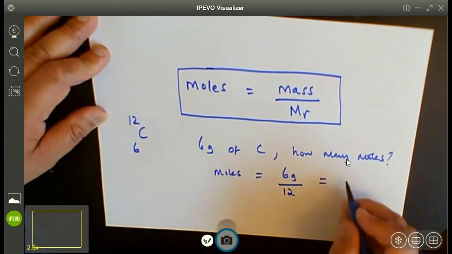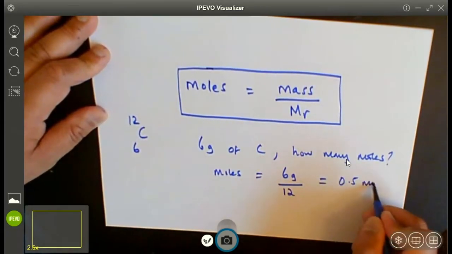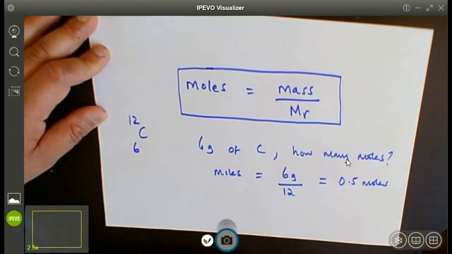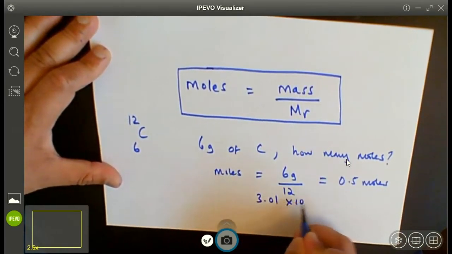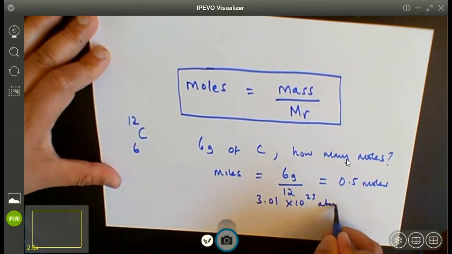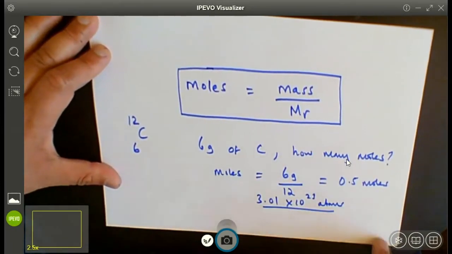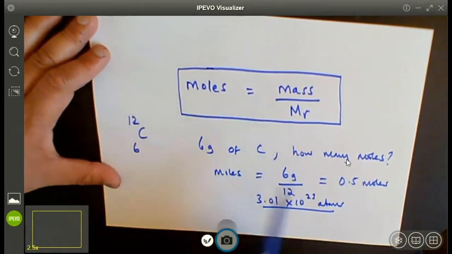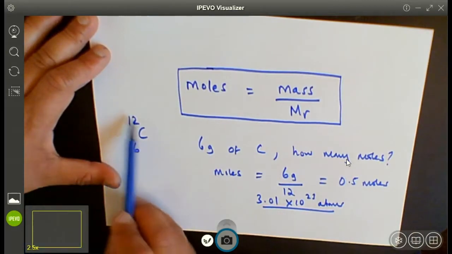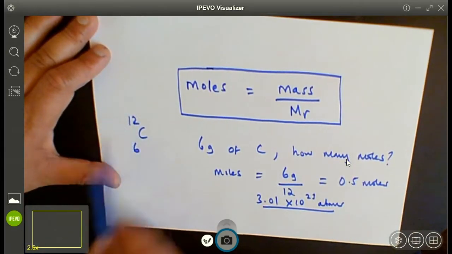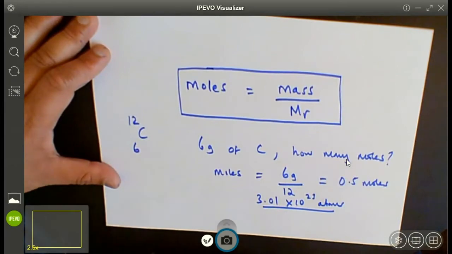So it's 6 over 12. So I'd have 0.5 moles there. That would mean that if I've got 0.5 moles, I'd have 3.01 times 10 to the 23 atoms. And that's how you manipulate this particular equation to work out the number of moles. You won't have the exact mass of 1 mole, you'll have different masses, so you can work the moles out accordingly.